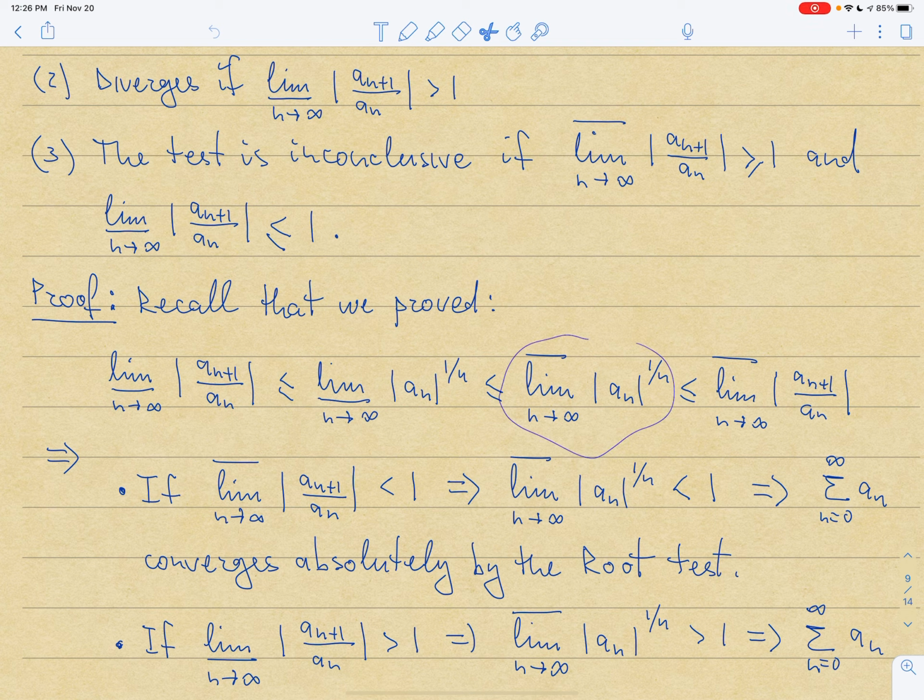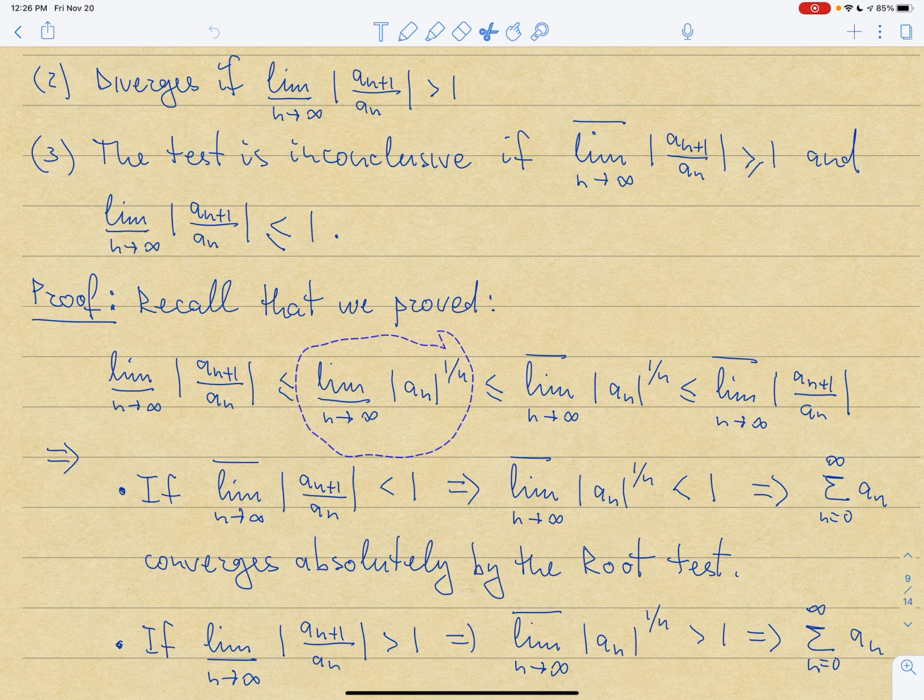Lim sup of the nth root of |a_n| is automatically greater or equal than lim inf of the nth root of |a_n|, because lim sup of something is always greater or equal than lim inf of the same quantity. And then lim inf of the nth root of |a_n| is always bigger than lim inf of the ratio |a_{n+1}/a_n|.